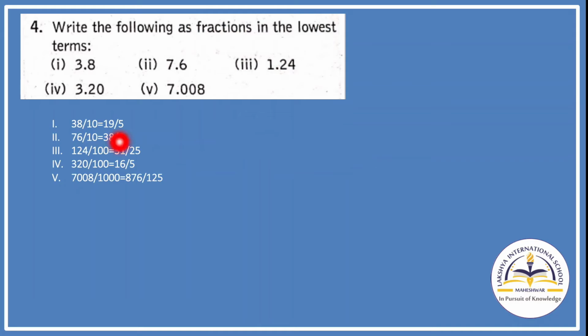Now question number 4, write the following as fractions in the lowest term. Now how can you write in the lowest term? You have to write them as fractions. Now 3.8, when you remove this decimal point, you will get 10 in the denominator. Now you can cut them with the table of 2.